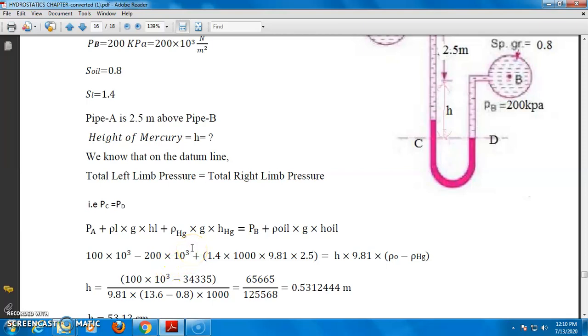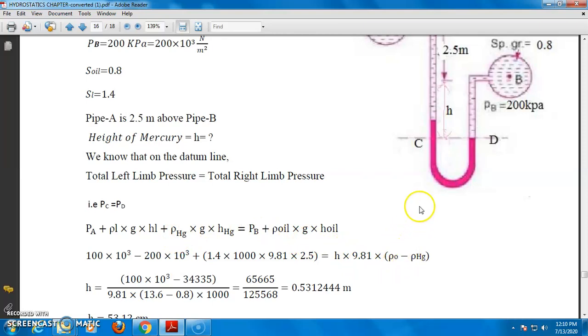Then second, this is the density of that liquid, 1.4 into 1000. I convert the specific gravity of that liquid to density, that is 1.4 into 1000 into G, which is 9.81, and the height value is given, 2.5 meter. Then I am taking this value from left to right, so when we take this value from left to right, we put the negative sign.